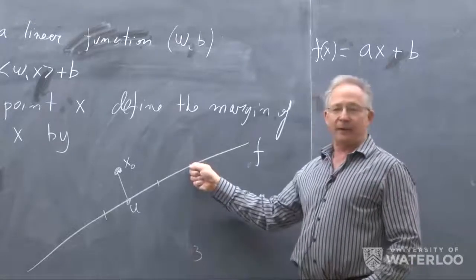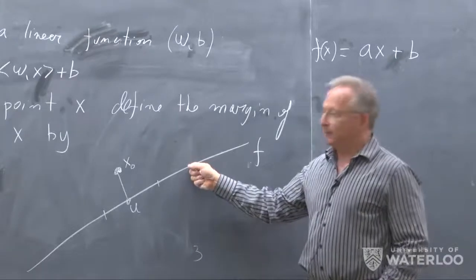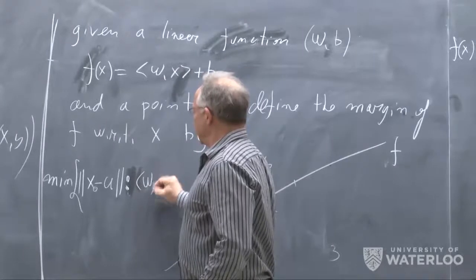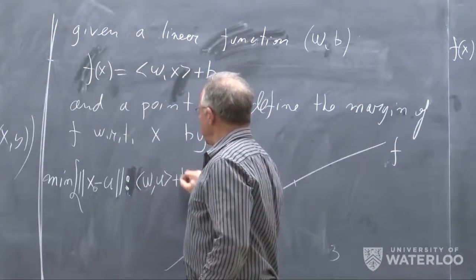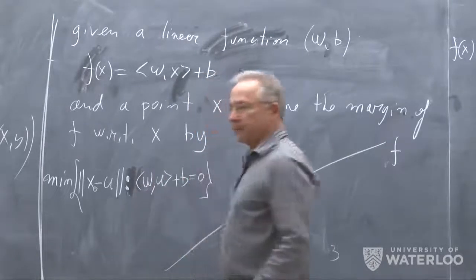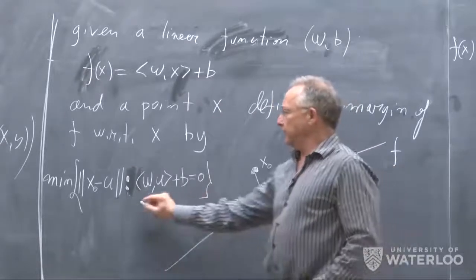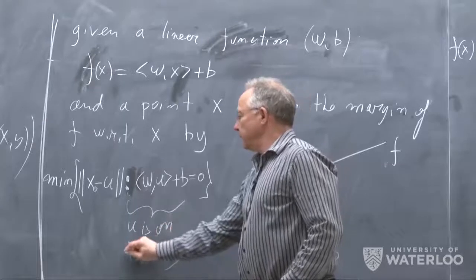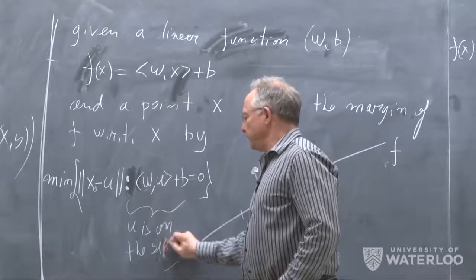So if it's on the line, I get 0. Such that w dot product u plus b equals 0. This is just saying u is on the separator.